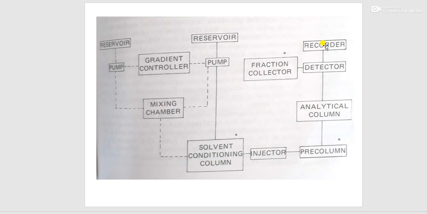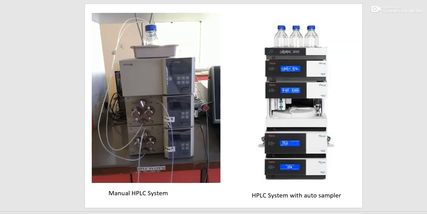So the gradient controller and mixing chamber are also very important components of the HPLC system, and we will learn about them in detail in my next slides or next lecture.